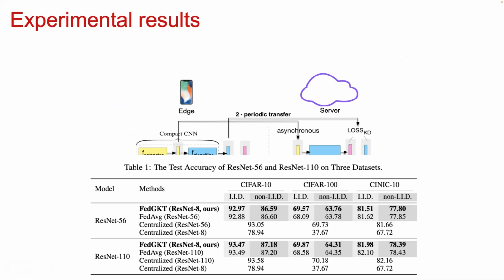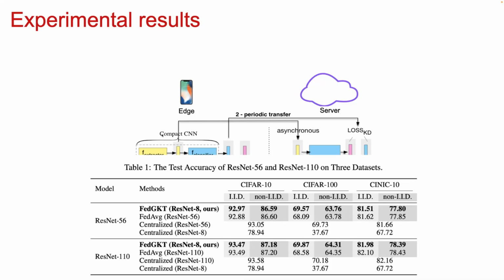What you can see is there is like little to no drop in the accuracy. Okay, so surprisingly, you don't lose anything by thinking about the problem as a knowledge transfer from the edge nodes to the server. Okay, so you are matching the performance as if you are training the large model everywhere.